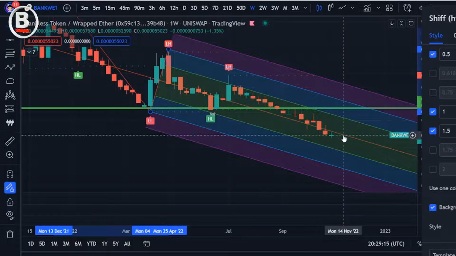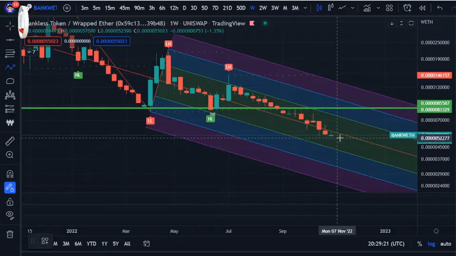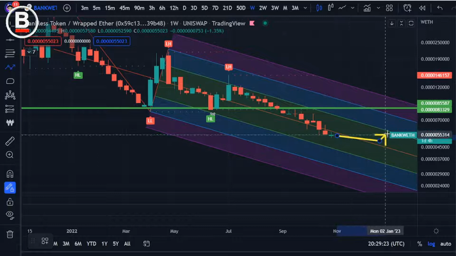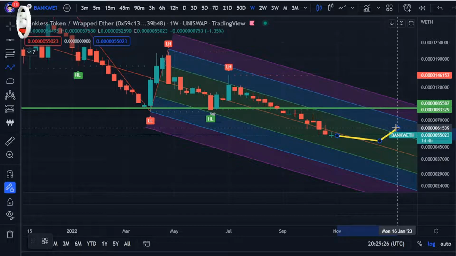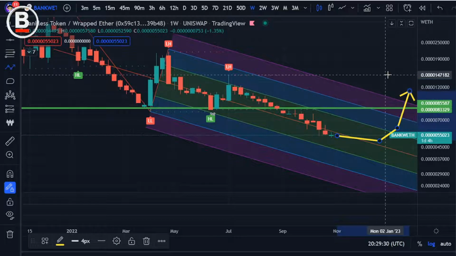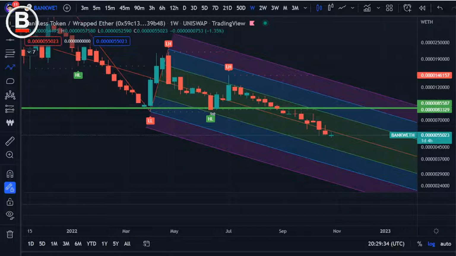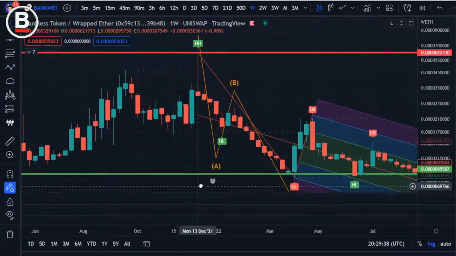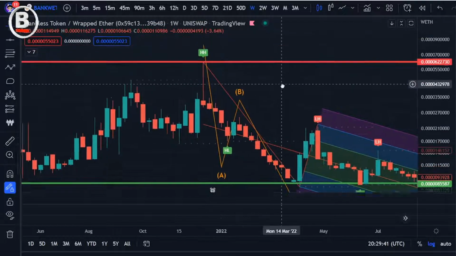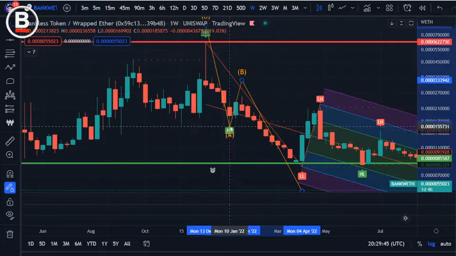We would like to see a reversal and cross of this median line and a move upwards, ultimately out of this pattern. If we start looking at the Elliott count, just roughly, we can see that we have another three-wave move here.